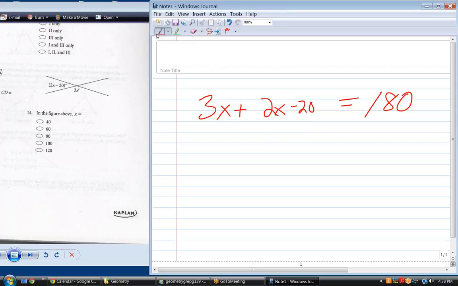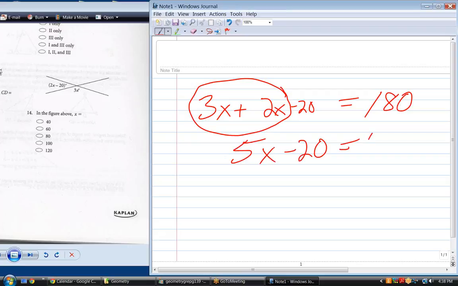Now what? 6x equals 160. You can only add. Oh, right. Okay, so what do we have? So first of all, we have 5x minus 20 equals 180. That was not a good assumption on my part, sorry.